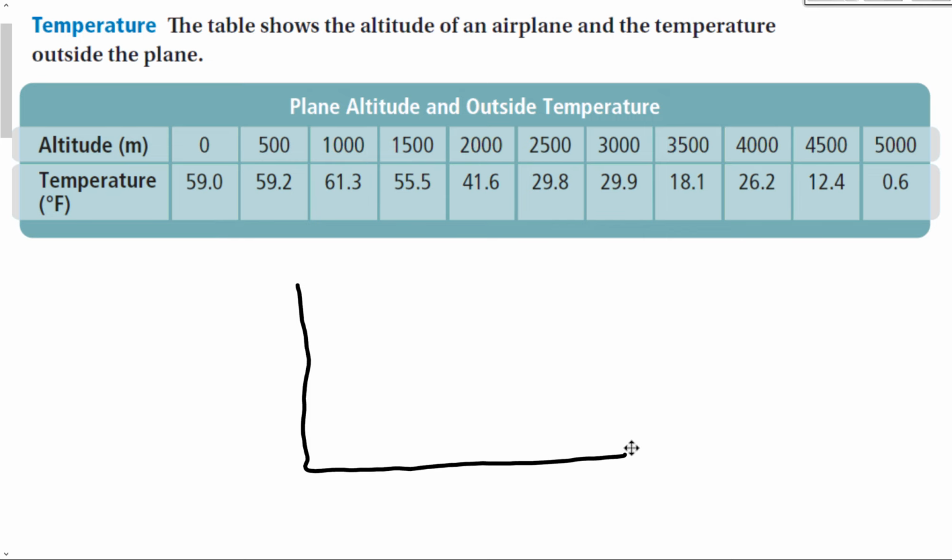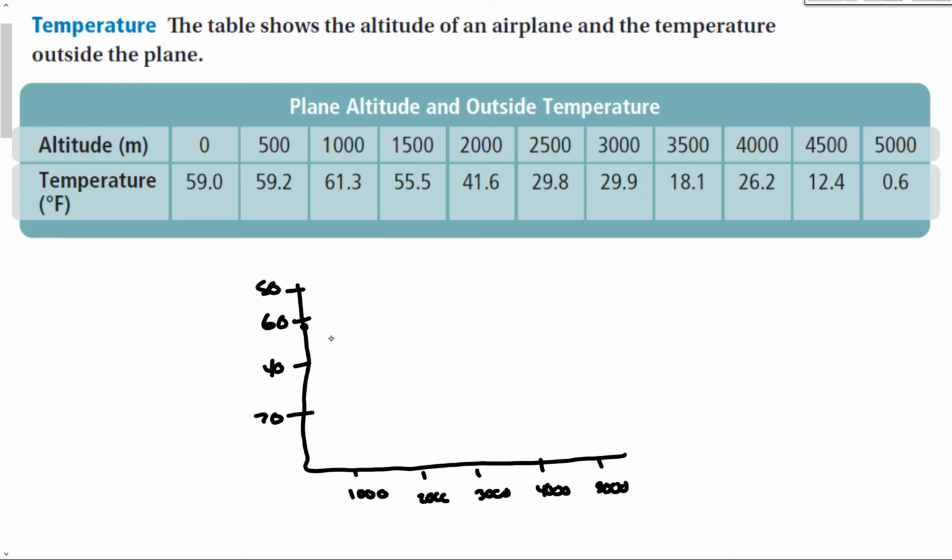Let's go by the thousands for my altitude, and then for my temperature, let's go by the 20s: 20, 40, 60, and 80. So at 0, it's 59.